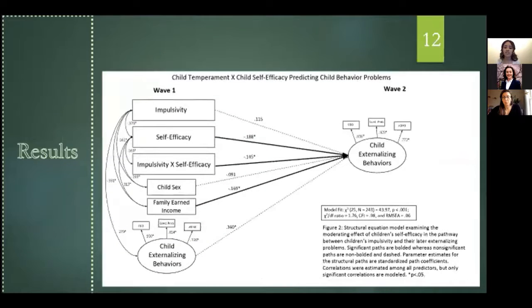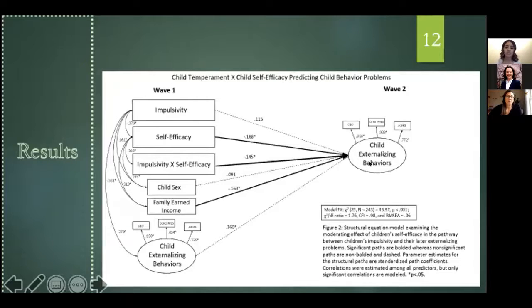However, as you can see by this model, this bolded line here indicates that children's self-efficacy significantly moderated the association between impulsivity and children's later externalizing behaviors.